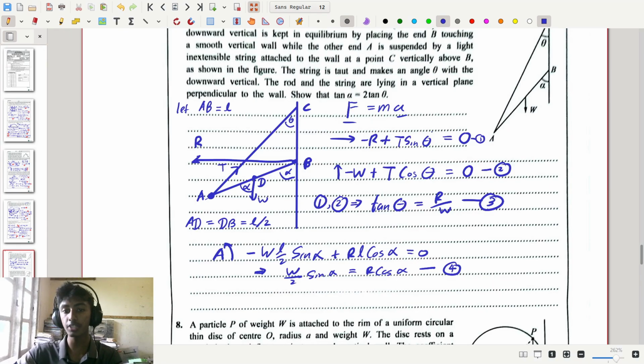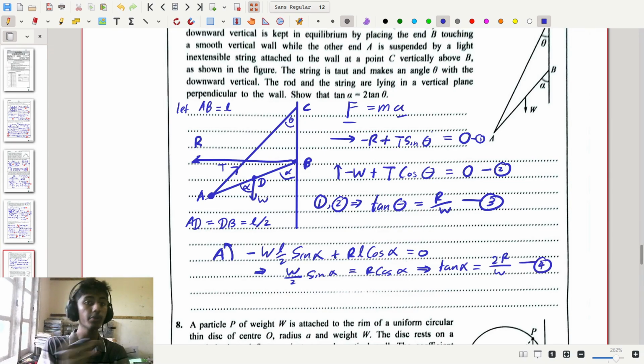Now I'll rearrange this one more time. If we divide both sides by cos alpha and divide both sides by W over 2, we get sine alpha divided by cos alpha, which is tan alpha, equal to R divided by W over 2, which is 2R over W, which I'm now going to call equation number 4.